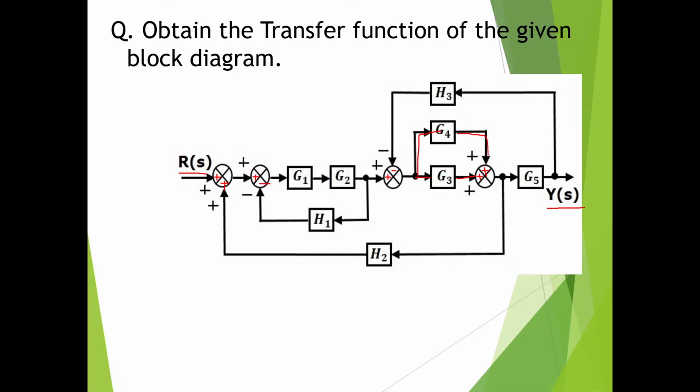From G4, it is moving towards the summing point. So from this branch point, signals have started in two directions, and they have ended at a common point. So the starting point and ending point are common here, isn't it?